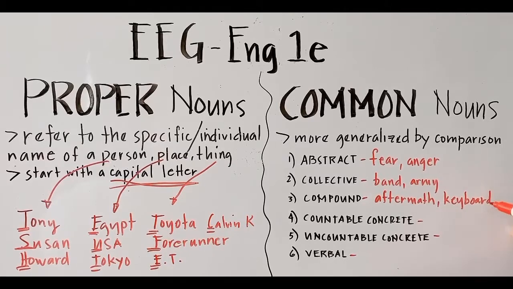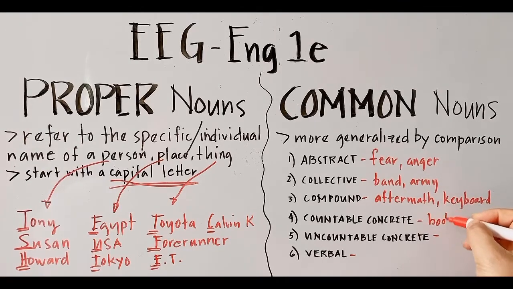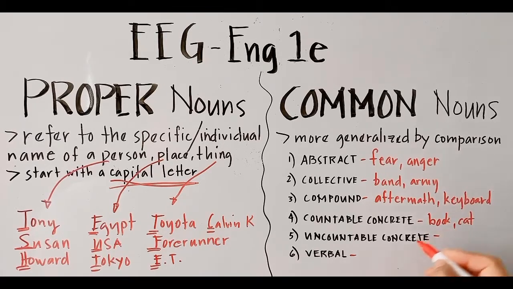And the countable concrete can be book, cat, and then the uncountable concrete, sugar, salt, and then for the verbal, it can be those verbs with the ing form.